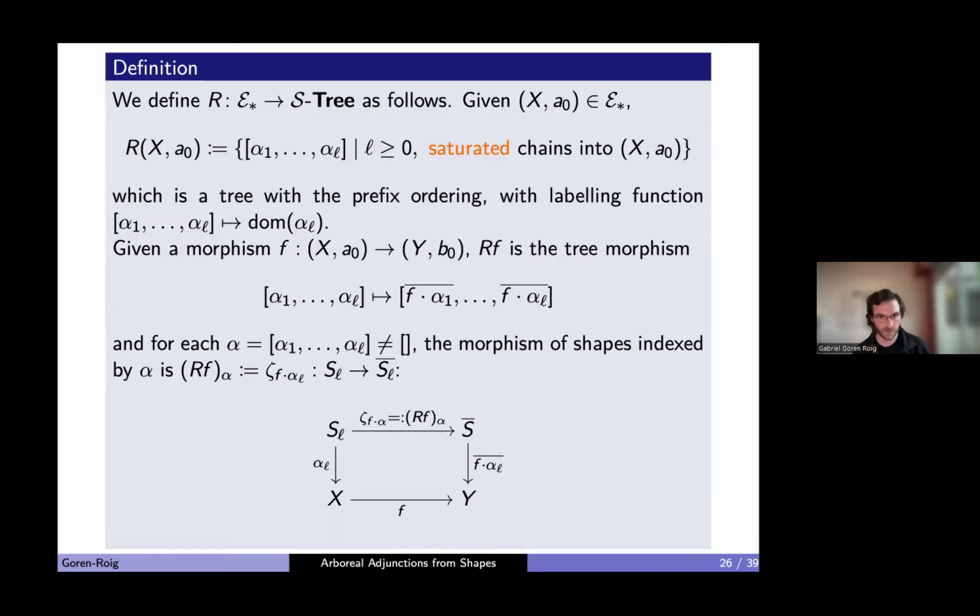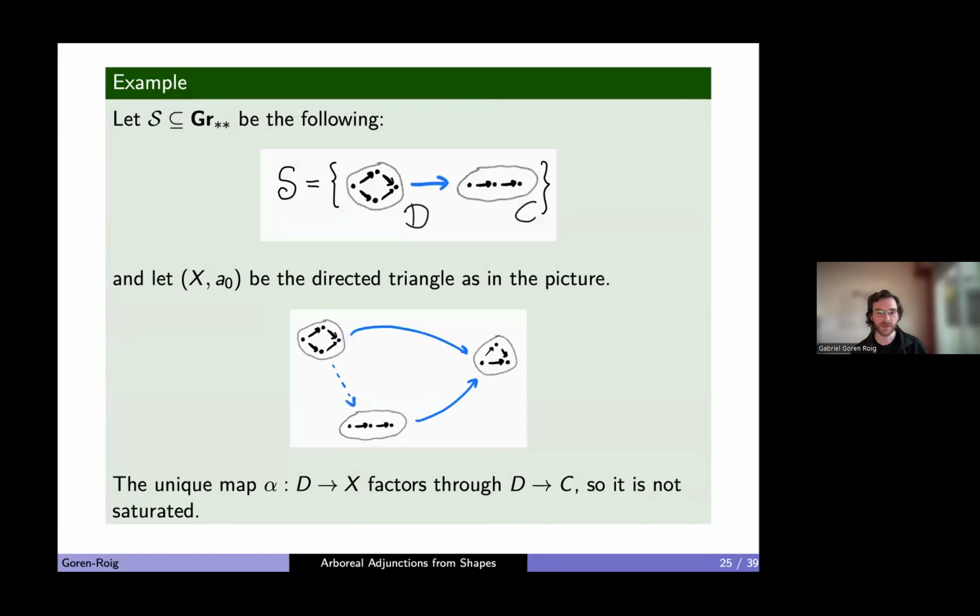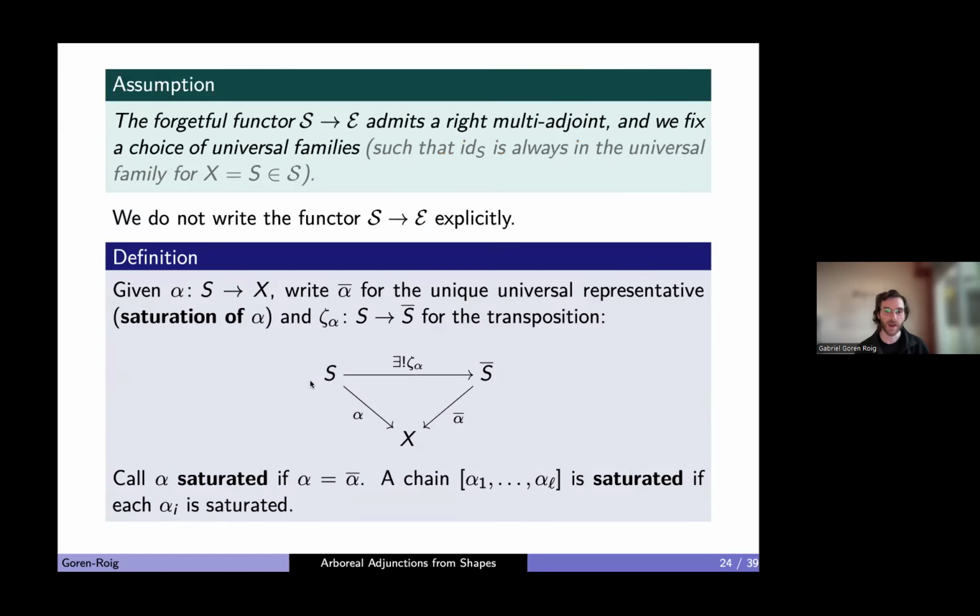So you're assuming that some multi-right adjoint exists in order to define this? And then say what does saturated mean again? So saturated means that it is part of one of the universal families. But you're defining the universal family, right?